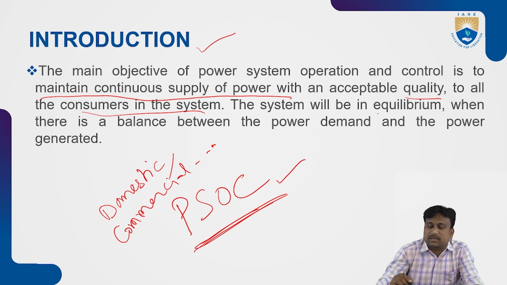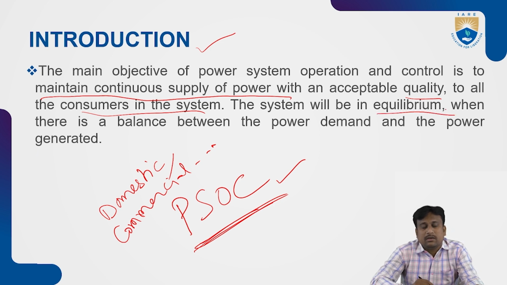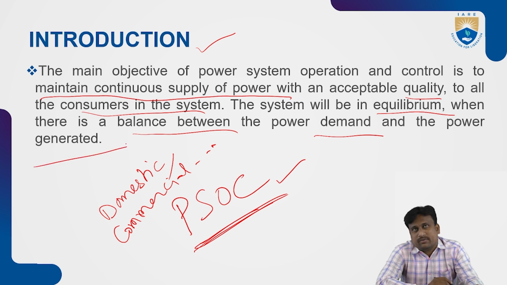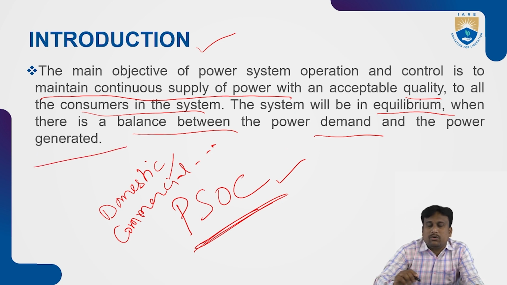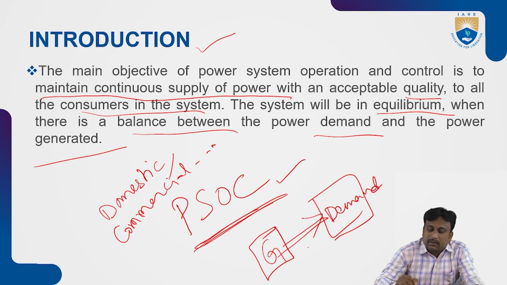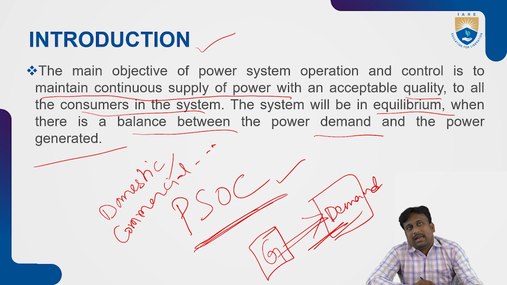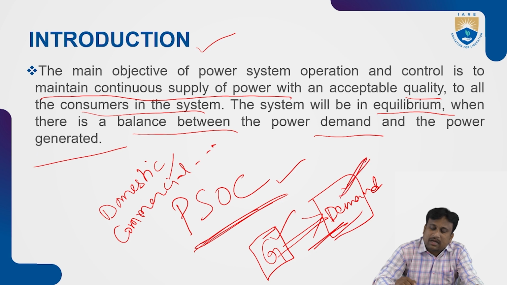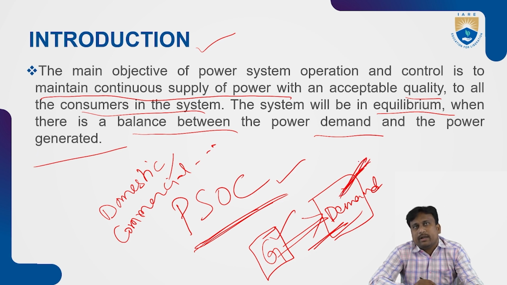When the system is in equilibrium, there should be a balance between the demand and the generated power. We should look into this. Whatever amount of power is generated should meet the demand. Then only can we achieve power balance. The amount of power generated should meet the load requirement or load demand.